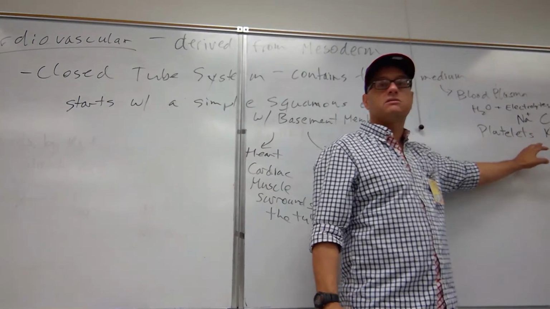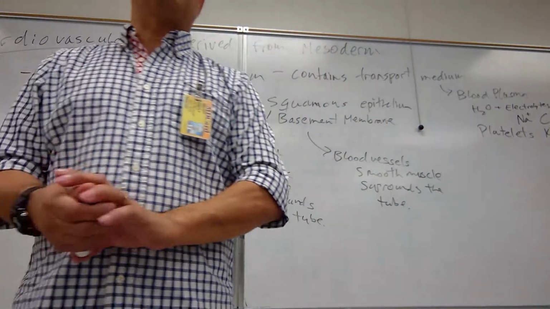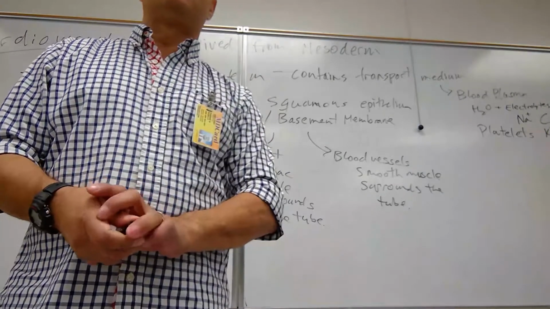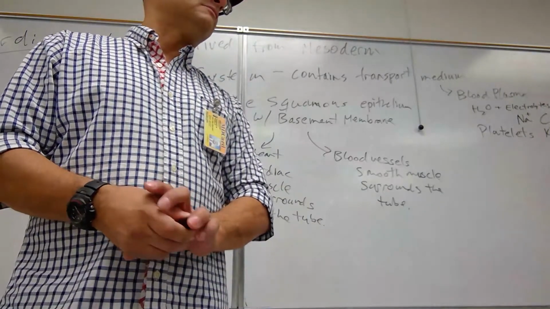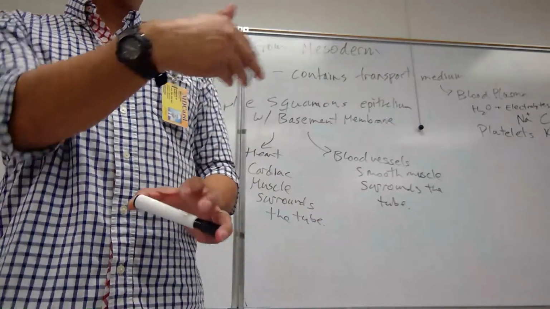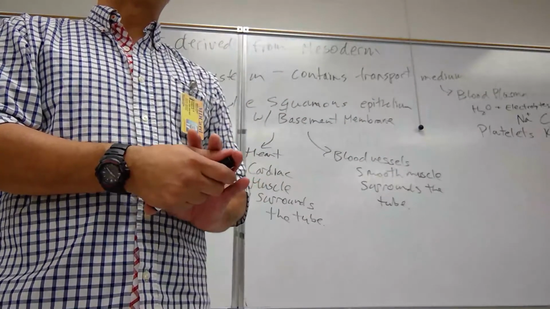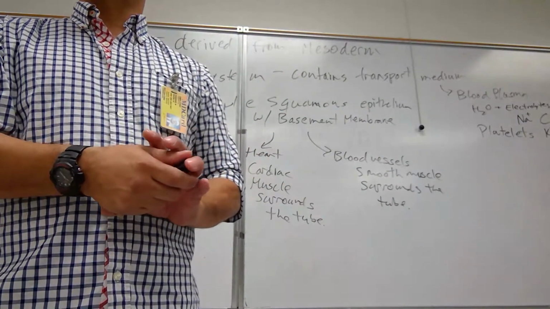It's got platelets. If I've got platelets, what else do I need? Anybody? Anybody read ahead? Anybody read the chapter before coming to class? I read by chapter 17. Okay, so what do platelets need to be able to plug the hole? What do they need?